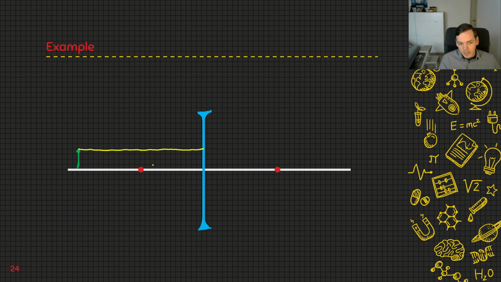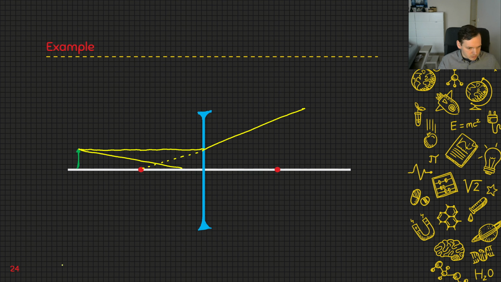Now this will be bent away, so it's going to be bent as if it had come in a straight line from the focal point, and it goes off like this. The line going through the center just travels right on through.